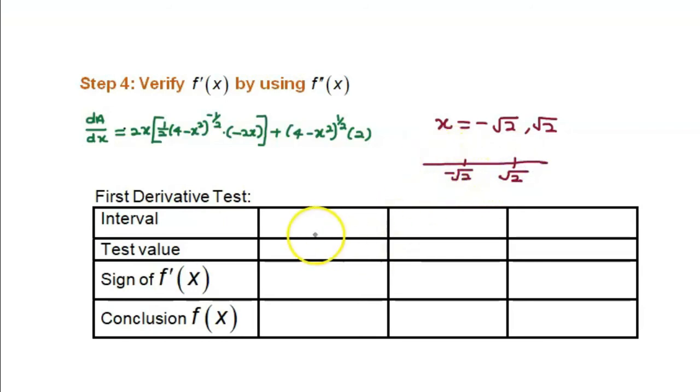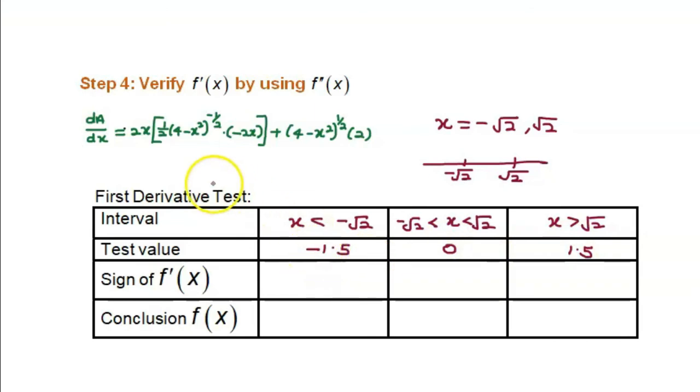So the first portion can be written as x less than negative square root of 2. For the middle part, x values will be greater than negative square root of 2 but less than square root of 2. And for the third part, x greater than square root of 2. Next is to choose the test values. For x less than negative square root of 2, we choose the test value negative 1.5, here we choose 0, and here we use 1.5.